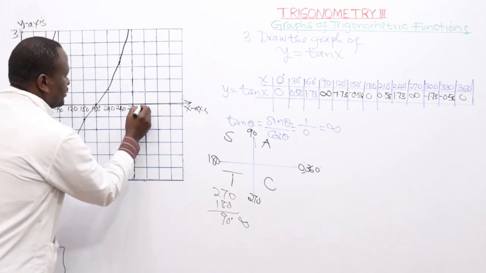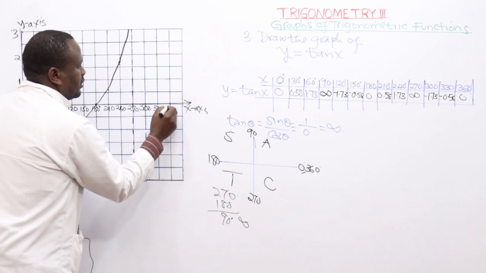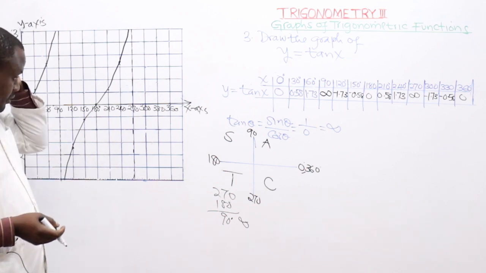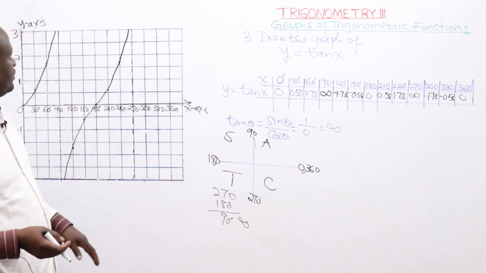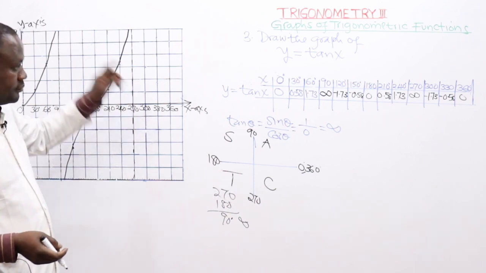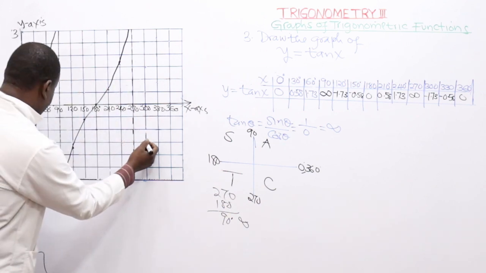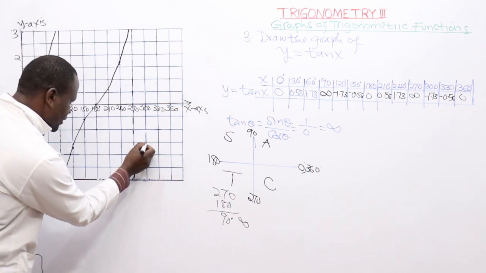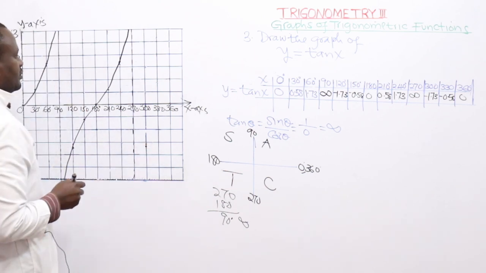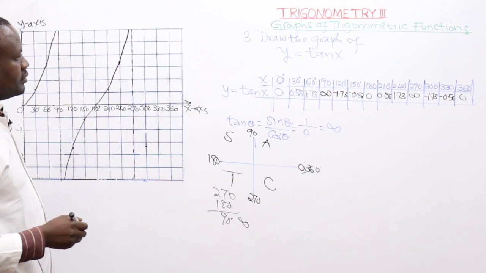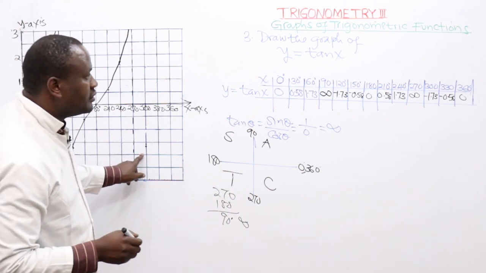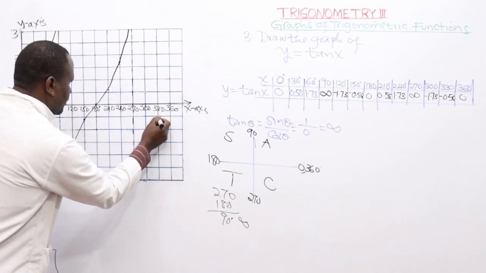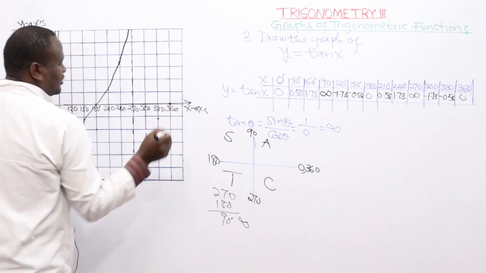Now, 270, this is 300, 330, and 360. So each part should be drawn differently. Now, 270 doesn't exist. 300 is negative 1.73. 330 is negative 0.6. 360 is easy, it's just 0.